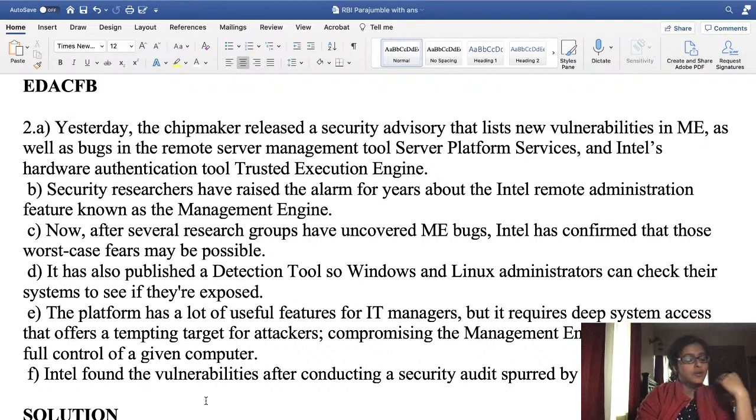Yes. Now, move on. Look for a sentence that will tell you more about the Management Engine. It will tell you why exactly. Look at the word alarm in the first sentence. See, I've raised the alarm means people are worried. You will find a sentence that will tell you exactly why people are worried. Find a sentence.